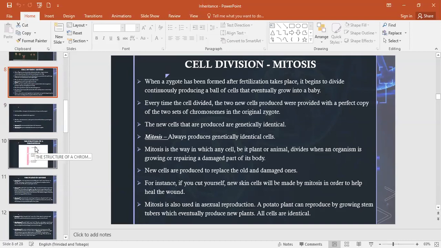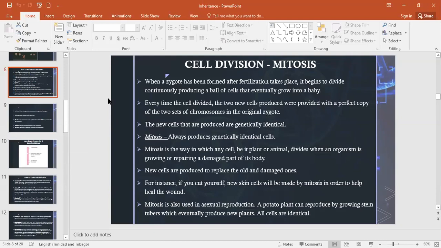What type of result is produced from mitosis? Daughter cells. Very good. Genetically identical cells, so the daughter cells are identical to the mother cells.